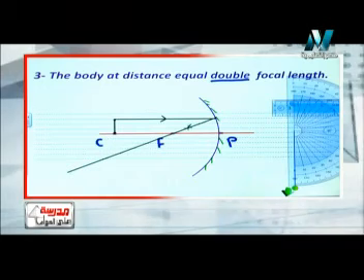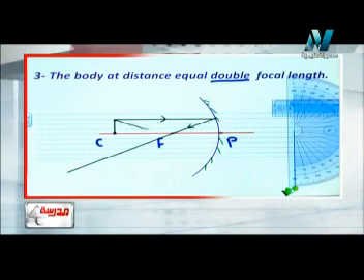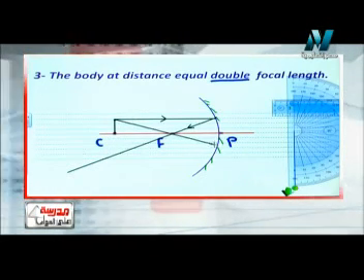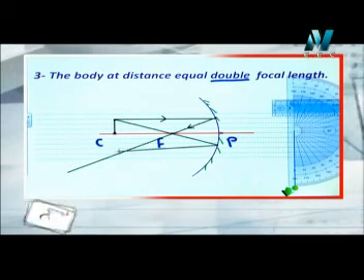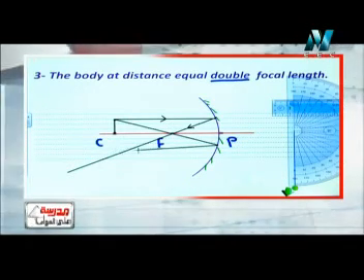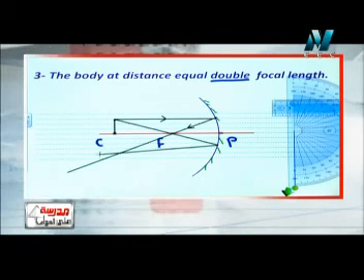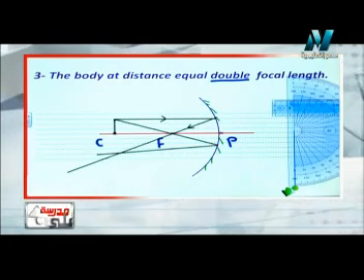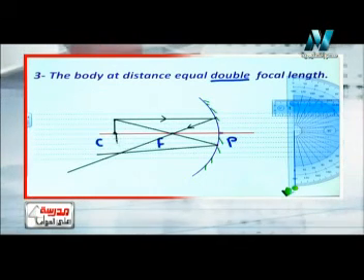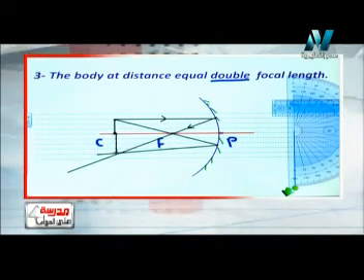The second light ray passes through focus and reflects parallel to the principal axis, like that.